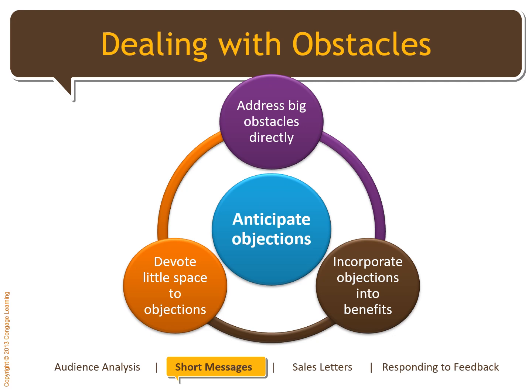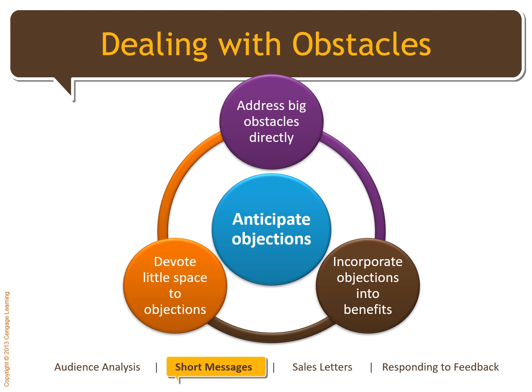So you need to consider the option of having back and forth types of messages. And then finally, incorporate objections into benefits. So how can you resituate the objection in a way that actually comes off as a benefit?